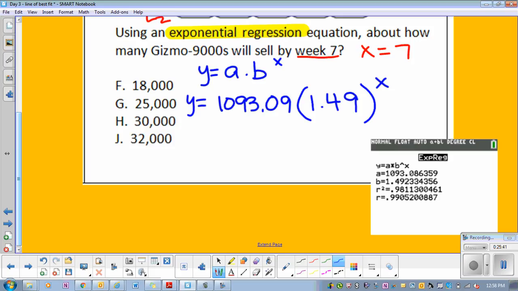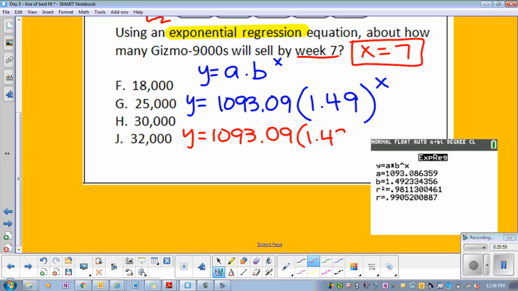Yeah, and this is the equation. Now we need to plug in 7 for X in order to find out how many gizmos will sell by week 7. And it's good to round it to at least 2 decimal places, okay?